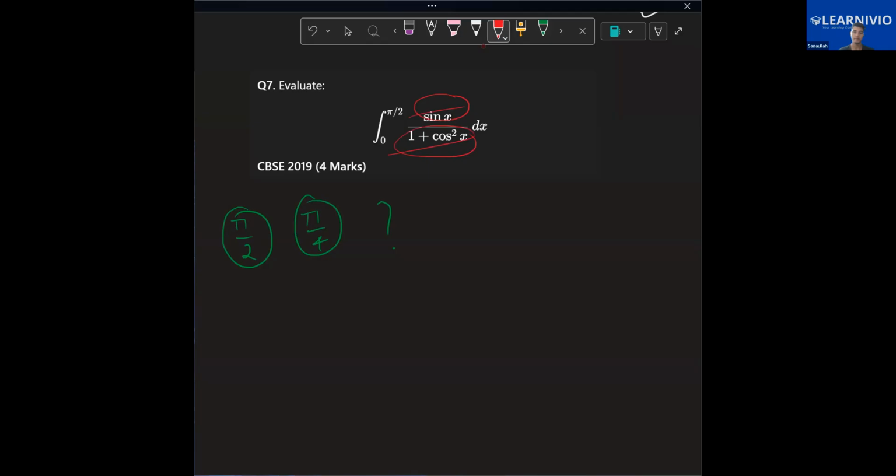I meant 5/4, sir. 5/4. और उसी कारण से. Sir, 5/4.